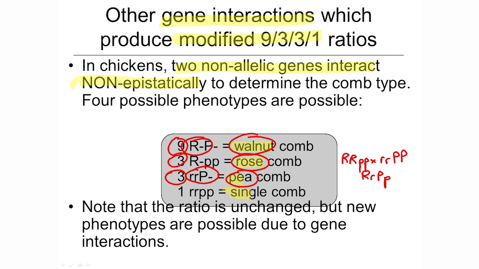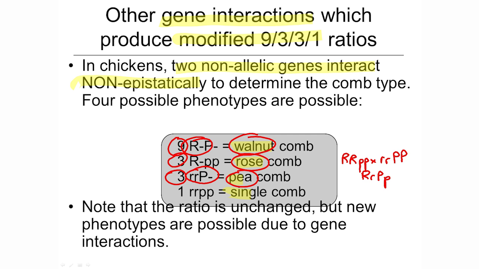So it's another one of those weird situations where you're getting 4 different phenotypes. You cross a rose with a pea, you get walnut. That seems odd. It takes a while to work this stuff out. But if you understand the idea, just do that Punnett square or do it however you want to do it.